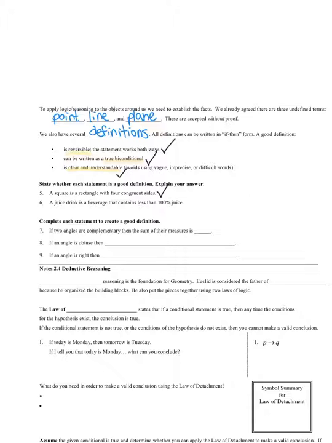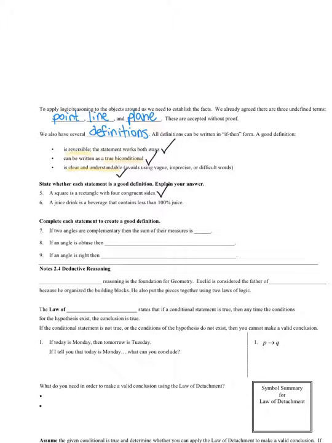Number 6, a juice drink is a beverage that contains less than 100% juice. Well, first off, can we turn that into a conditional? If a drink is a juice drink, then it is a beverage that contains less than 100% juice. Okay, that's true. If we reverse it, it says, if a drink is a beverage that contains less than 100% juice, then it is a juice drink.